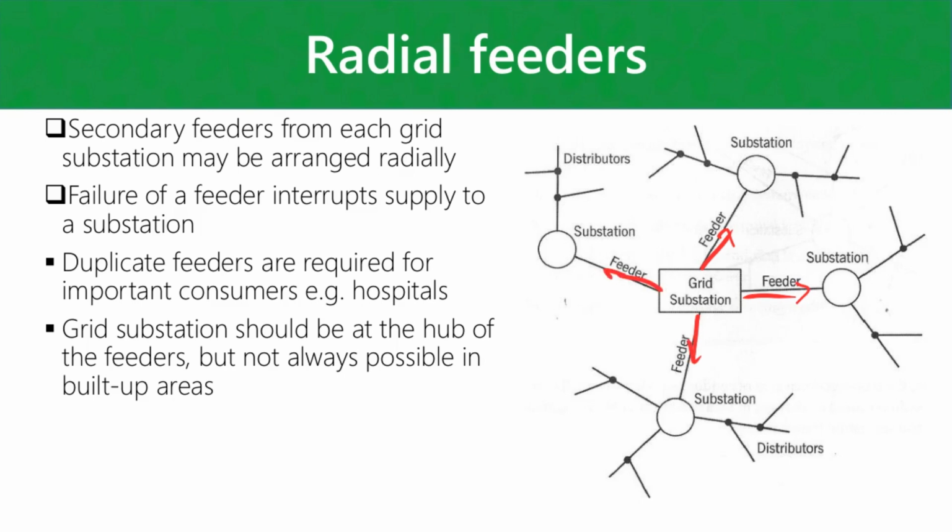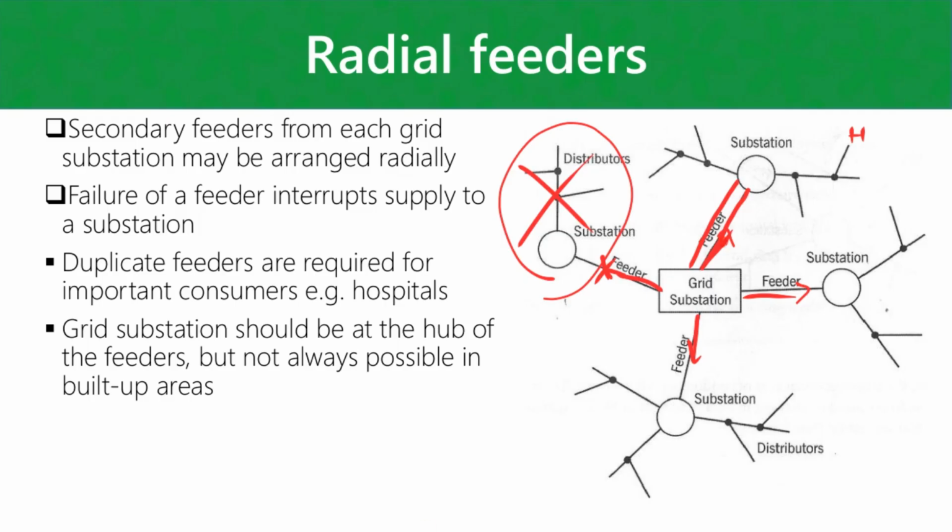If you have, let's say, a hospital on this network, you can put up a double feeder for that substation. But the drawback of the system is that if one feeder fails, then that whole part is without power.